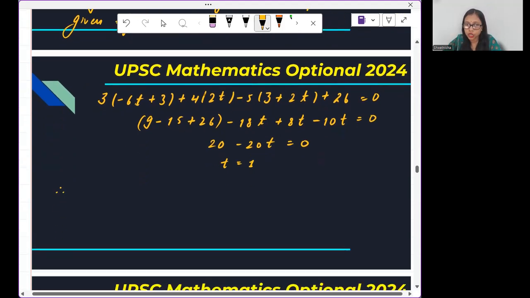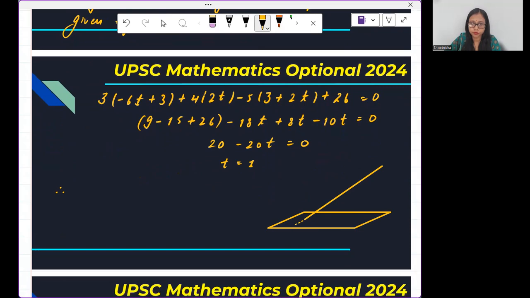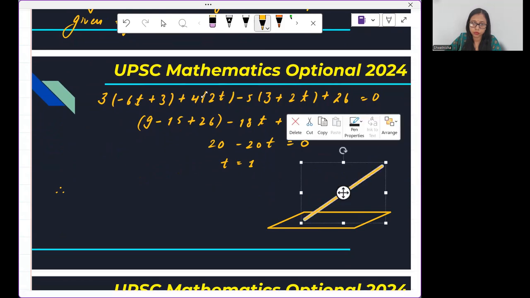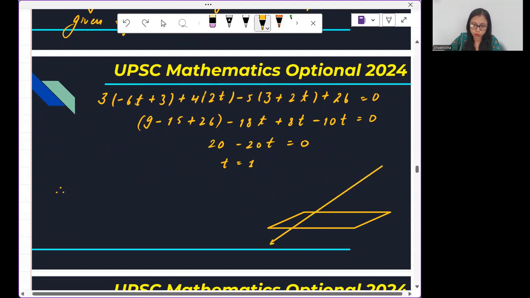Therefore, now you can see, now you can draw the diagram like this, that you have a plane and then you have a line, right? This is the line, and definitely the line has an intersection. Line is intersecting, and let it be this A point. Okay. So what is A point?